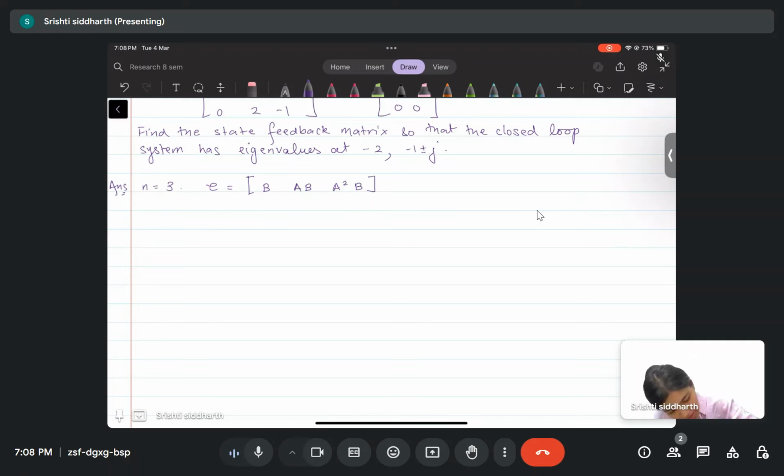Right. So AB is 0, 1, 0, 0, 0, 1, 0, 2, minus 1, times the matrix 0, 1, 1, 1, 0, 0. Okay, so this is simply 1, 1, 1, 0, 0, and we have 2.